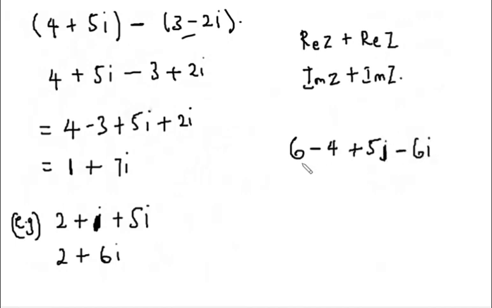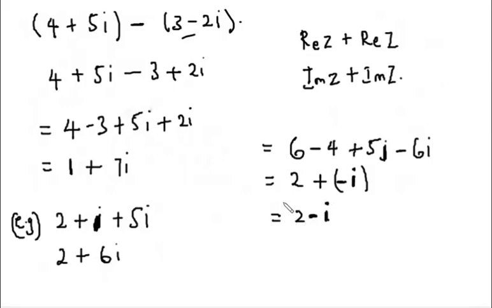Okay, so the same thing we did for here, we just need to say 6 minus 4 for the real part, which is equal to 2, and then for here we just need to subtract the imaginary part. So 5 minus 6 is negative 1, so this is negative i. Okay, so i has a coefficient of 1 already, so this is equal to 2 minus i.